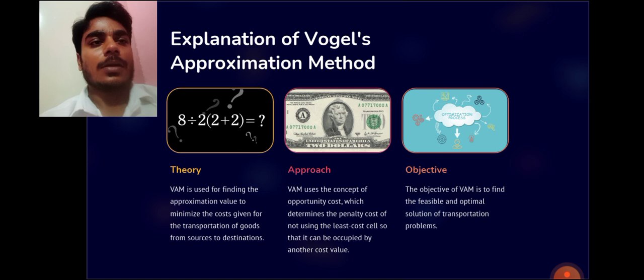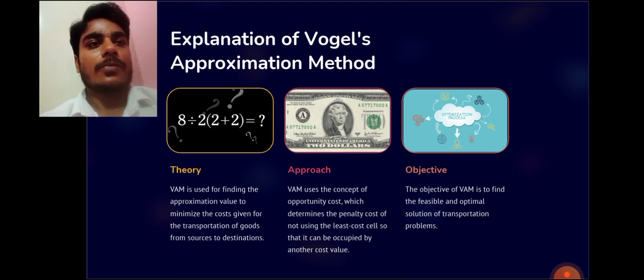After that, the main objective of VAM is finding the feasible and optimal solutions for transportation, which provides helpful routes for transportation through the VAM method used in operational research.